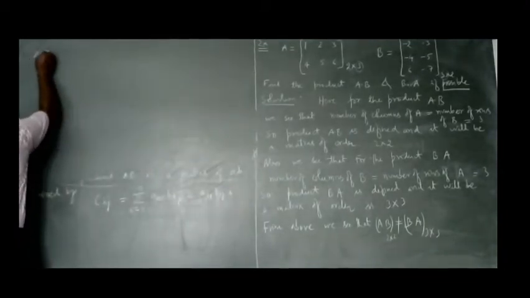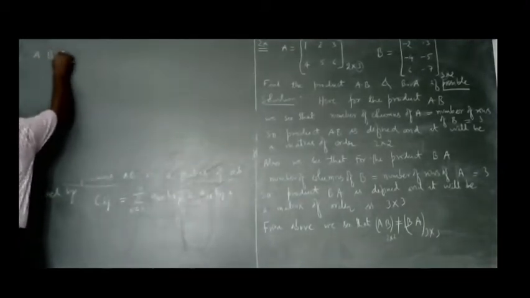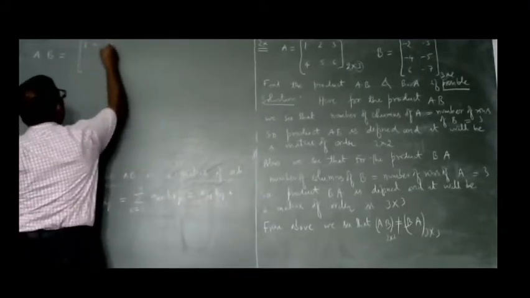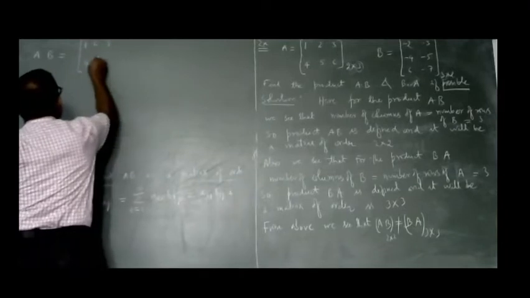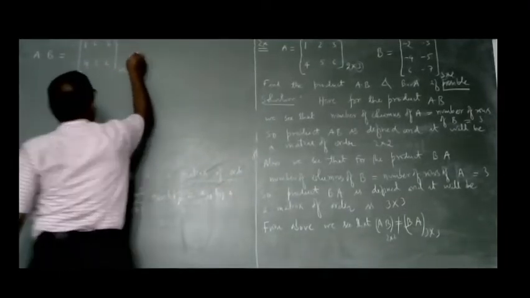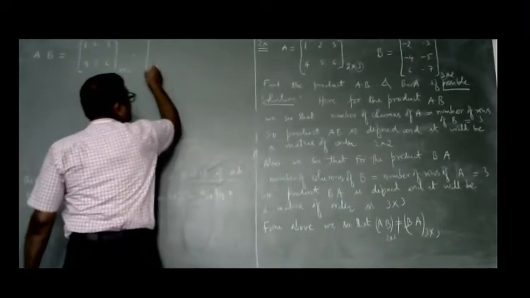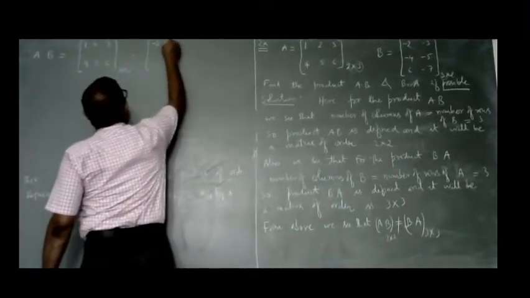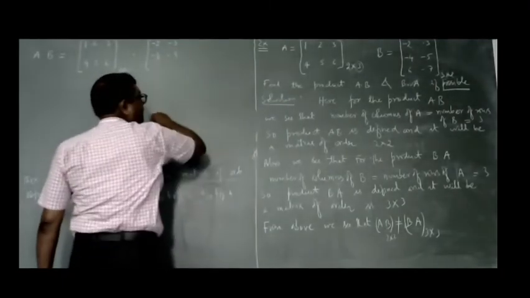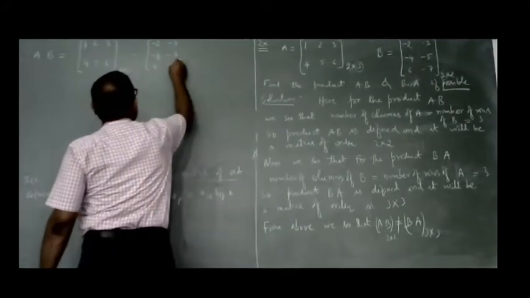Here is A into B. You write here matrix A: 1, 2, 3, 4, 5, 6, a matrix of 2 cross 3, into another matrix: minus 2, minus 3, minus 4, minus 5, 6, minus 7.